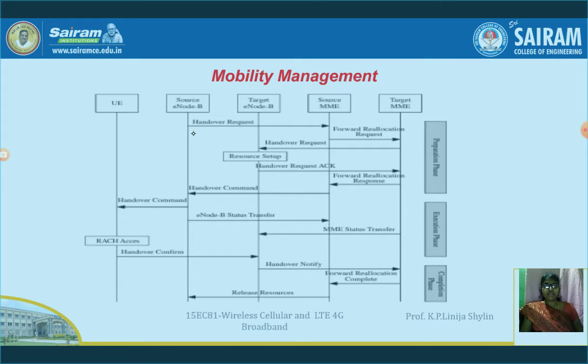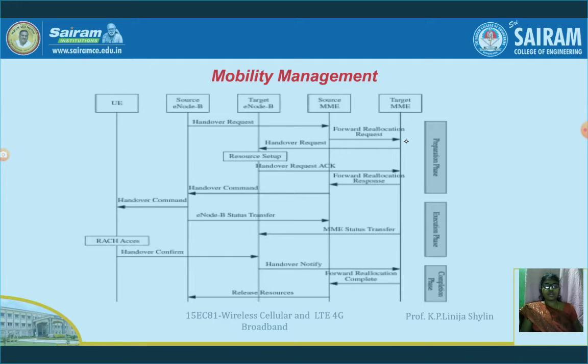Here, the handover request from the source eNode B is given to the source mobility management entity, which sends the handover request to the target mobility management entity, forwarding it.